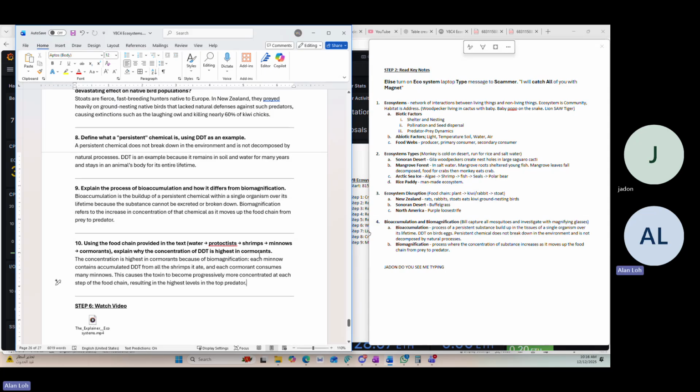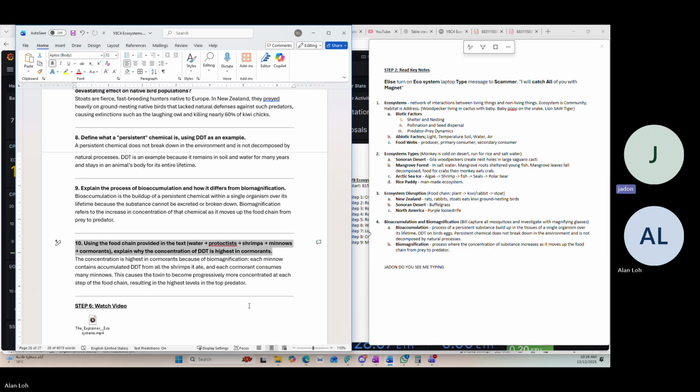Do you know the answer roughly? It's because the water is eaten by phytoplankton and then eaten by shrimp. Because the phytoplankton are very small, it eats a lot.